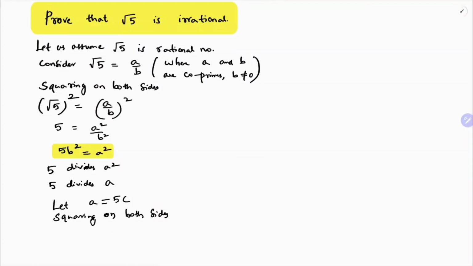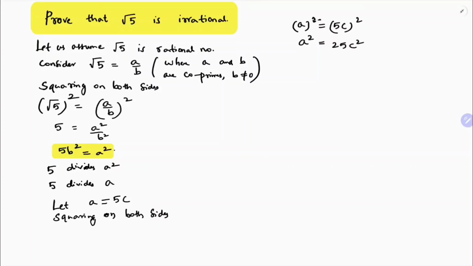So here you will get a square equals 25c square.